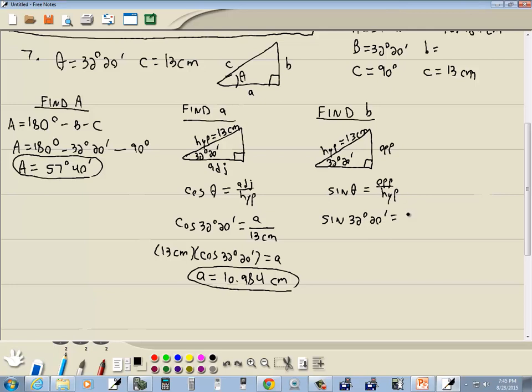Opposite, we don't know, but it's actually letter B, so let me put a B in there, just to make it a little bit easier to see. And hypotenuse, we said, was 13 centimeters. Now we want to solve for B, and just like the previous problem, we're going to multiply both sides by 13 centimeters. So we'll take 13 centimeters times sine 32 degrees, 20 minutes, and that's going to equal B.